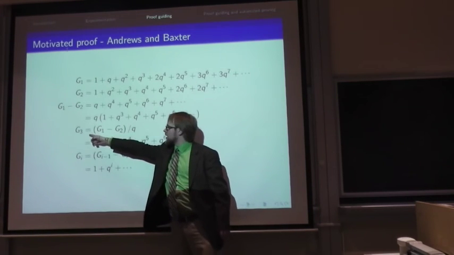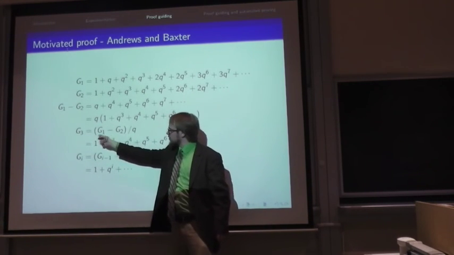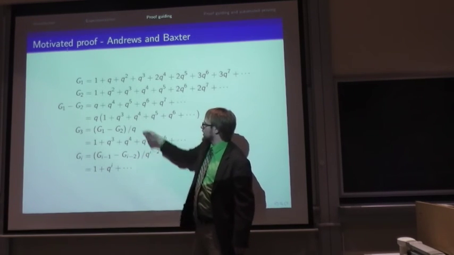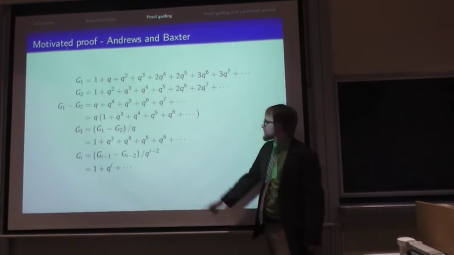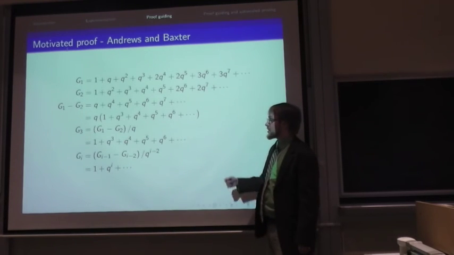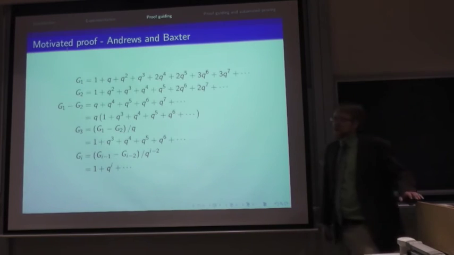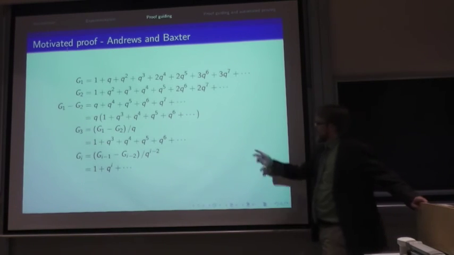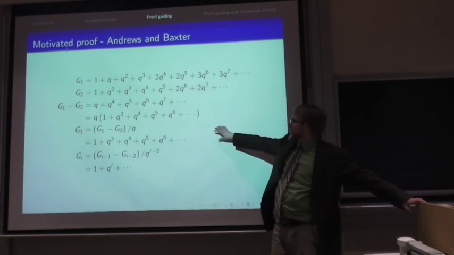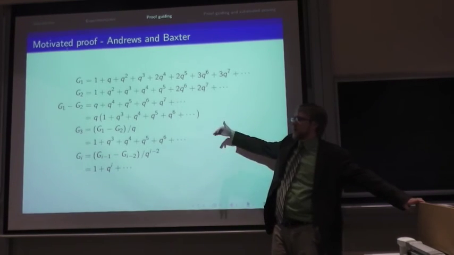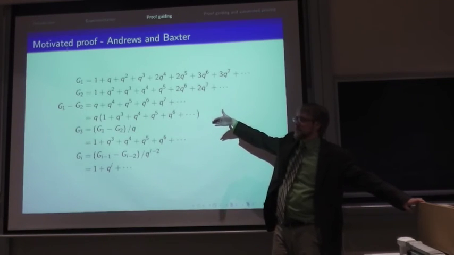And then we can define G3, was their idea, to be G1 minus G2 divided by the factor of Q. And now we have 1 plus Q cubed plus more stuff. And it doesn't take too much imagination, I won't go through the argument, that this is just the generating function for partitions with difference at least 2, and all parts at least 3.